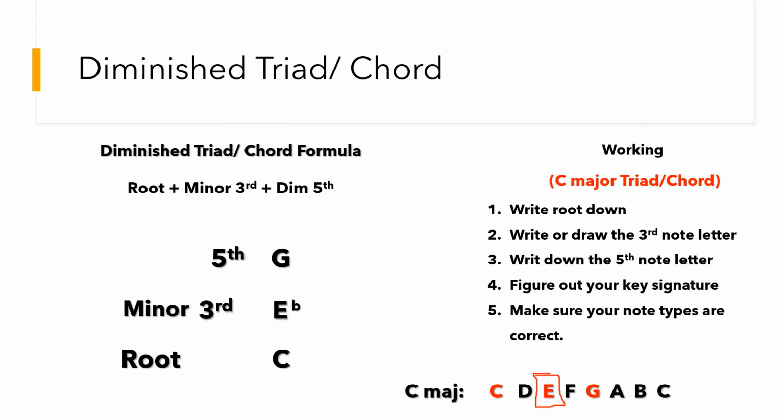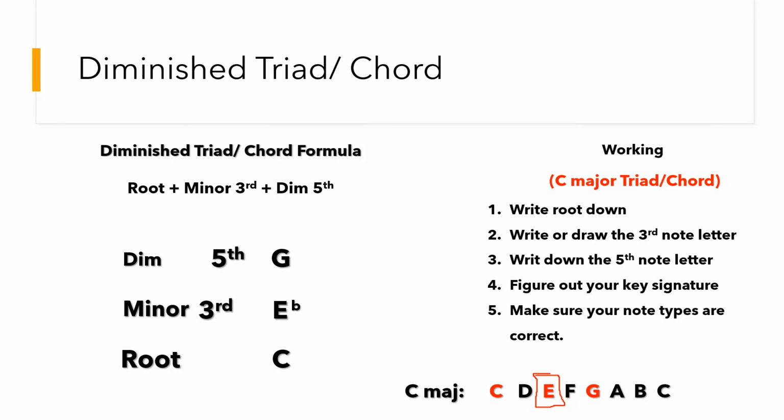Then we are moving on to the fifth, and they want a diminished fifth. Now the fifth is perfect, so the perfect rubric is different from the other rubric. The perfect rubric goes augmented, perfect, diminished. Good?